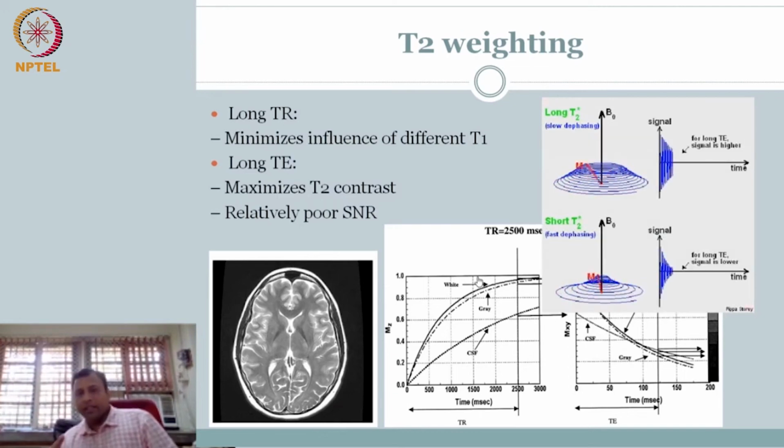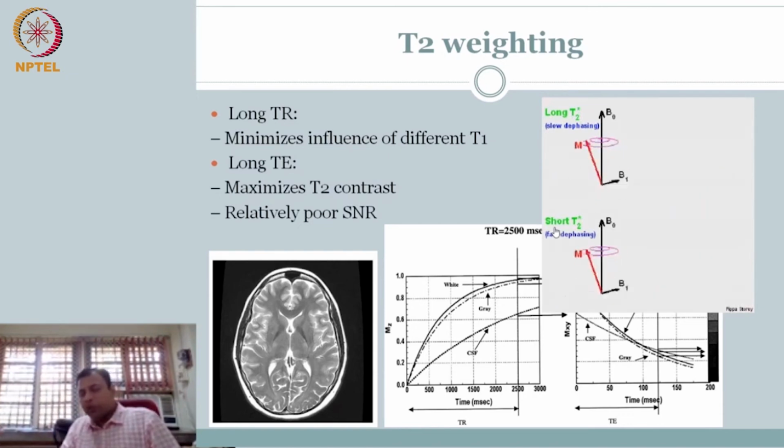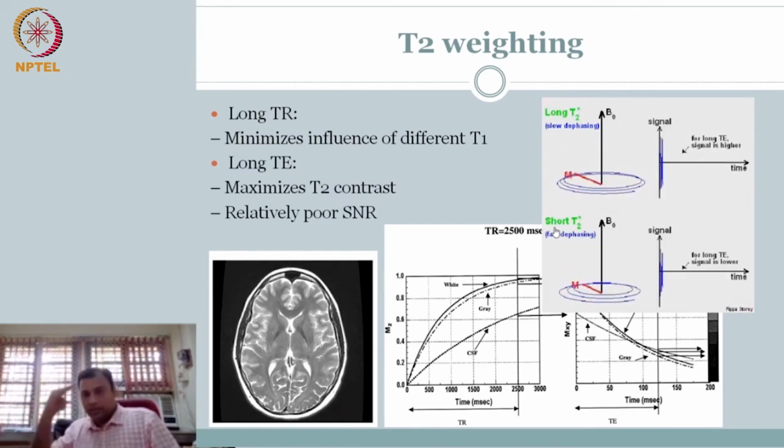We covered T2 here, but the animation shows long T2 star and short T2 star. Notice the dephasing is due to both T2 star and T2. T2 star can be rapid, it's the first part, right? T2 is almost always measured based on echo. That's what we saw in one of the sequences: the initial decay is T2 and T2 star, and then you have T2 differences. So here it is the same thing.